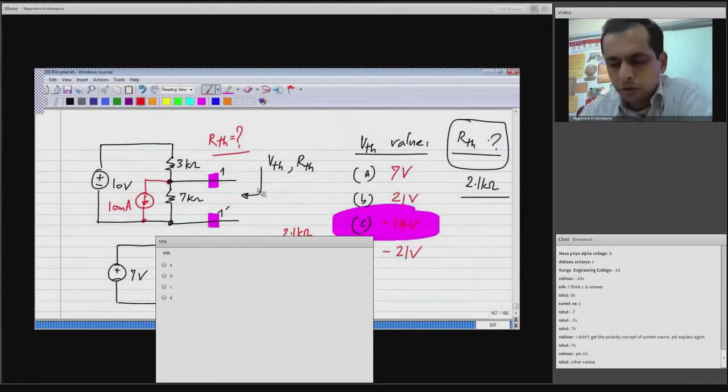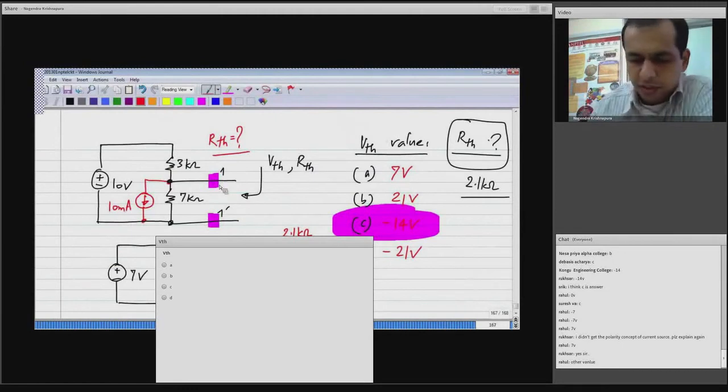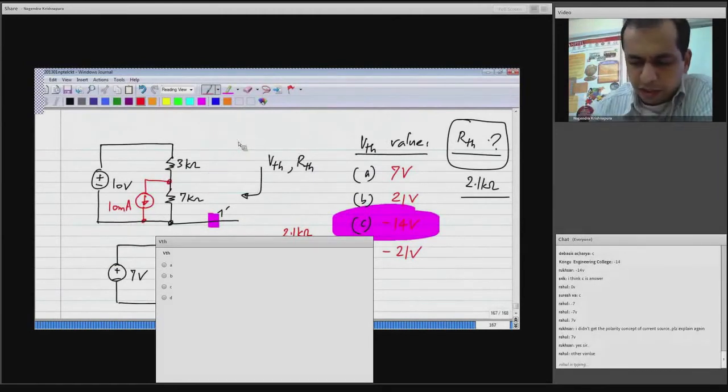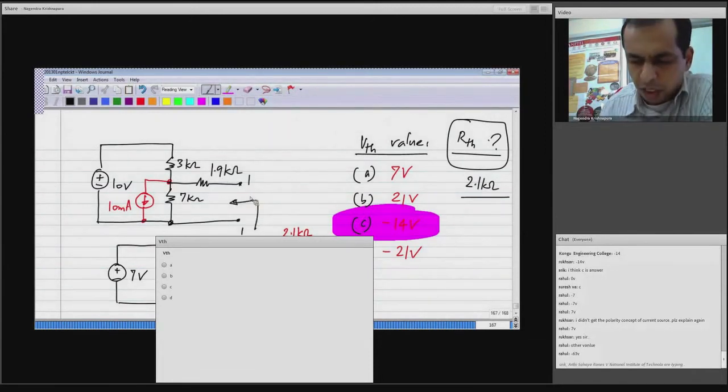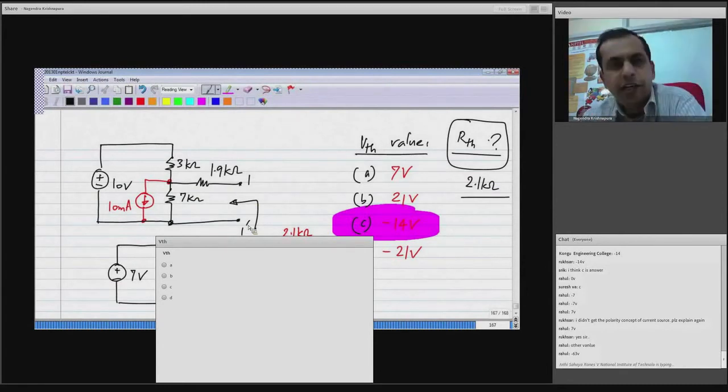Okay, so now we'll take it just a small step further. Let me add another resistance like this, which is 1.9 kilo ohms. Okay, I'll take some value, and again at 1 prime I have to find VTH and RTH.